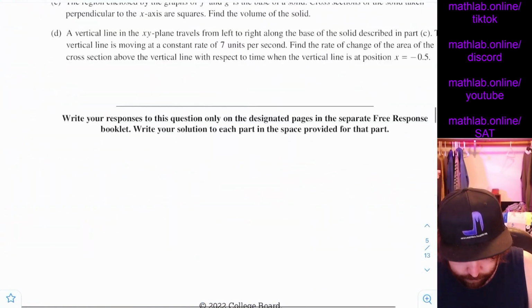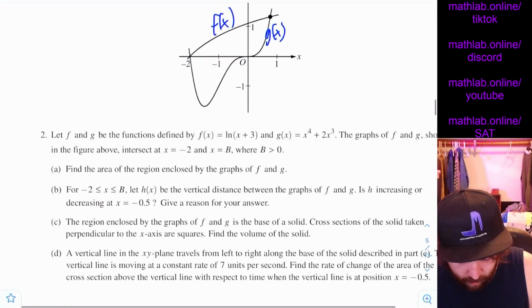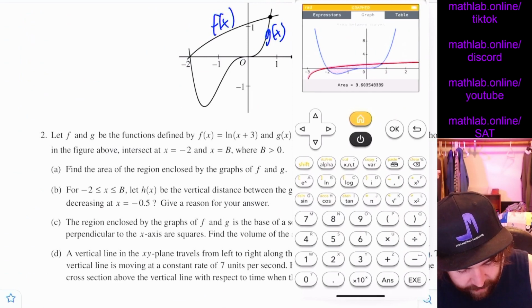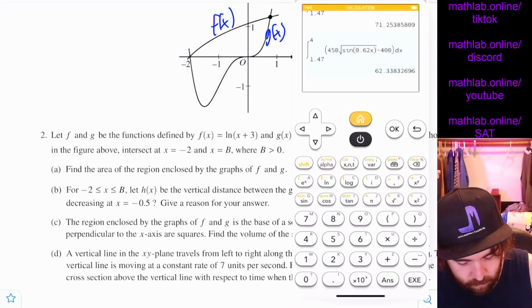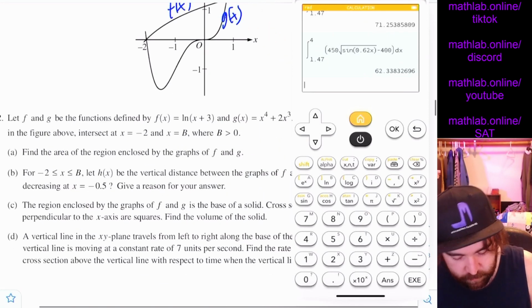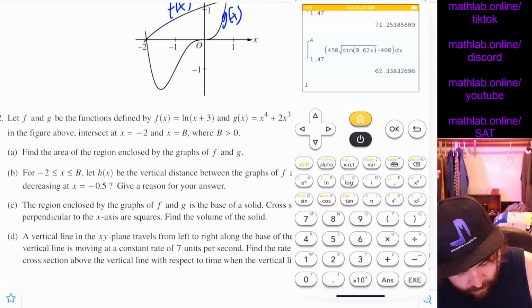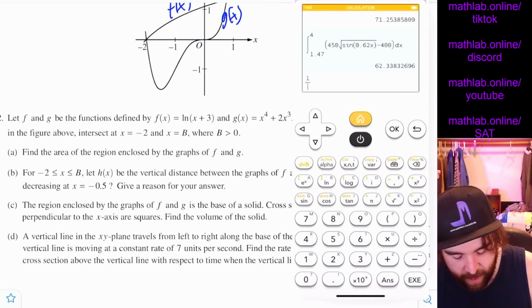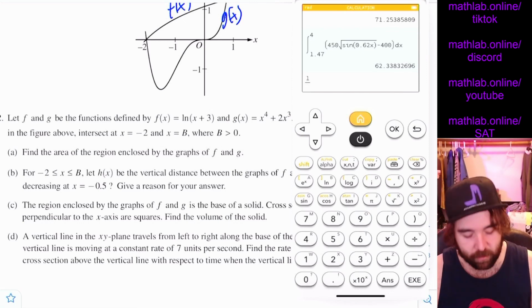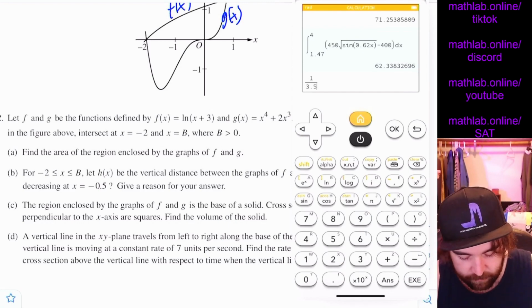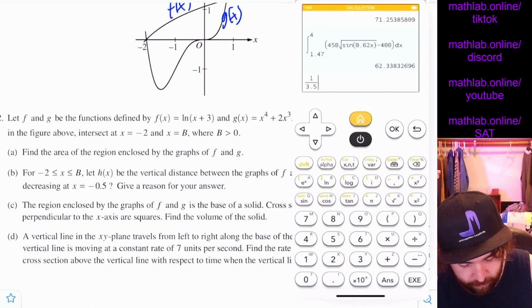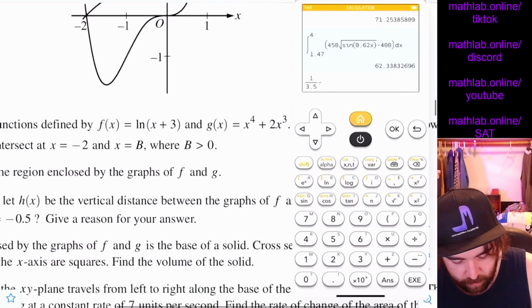I mean, we'll just type that in. That's easy enough to do by hand, so I'm not worried about that. So let's type in the derivative of f. f prime is 1 over x plus 3, but we're plugging in 0.5 for x. So 0.5 plus 3. So 3.5.